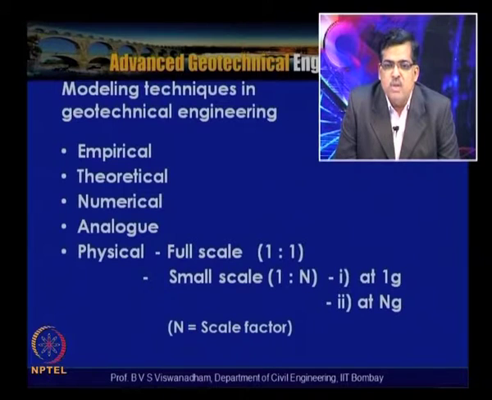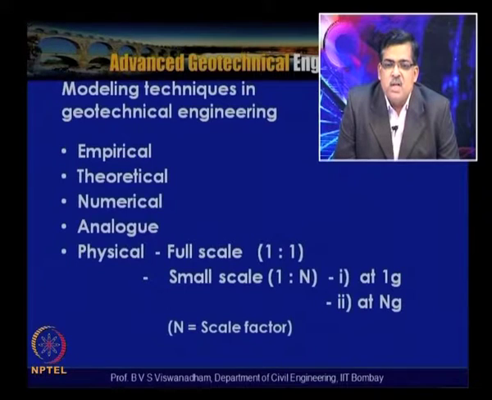In such situations, a small scale model is one of the viable options, in the sense the model is reduced by n times. That means all the dimensions of a full scale model are reduced by n times, and this can be done at normal gravity, that is at 1 g, or at n g, which is called a centrifuge based physical model, which we are going to introduce in this module.